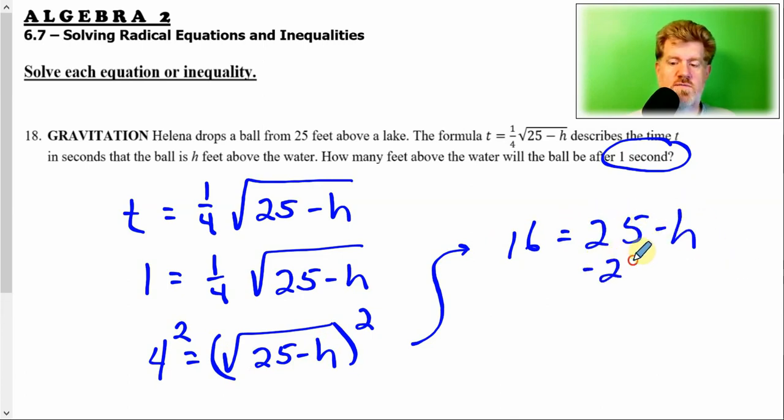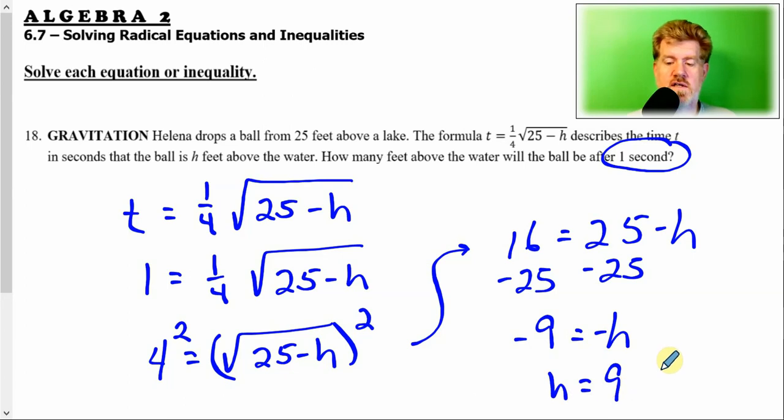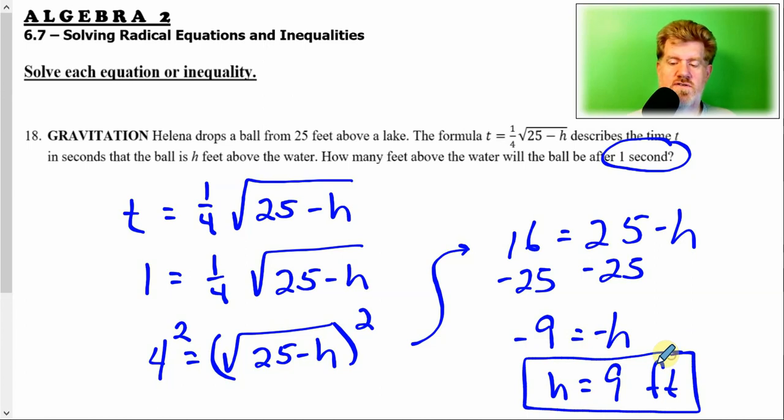Subtract 25 from both sides. And since negative 9 equals negative h, I know that h equals 9. So it had to be 9 feet off the surface if it took 1 second to fall. So that's just some use for these rational radical equations.